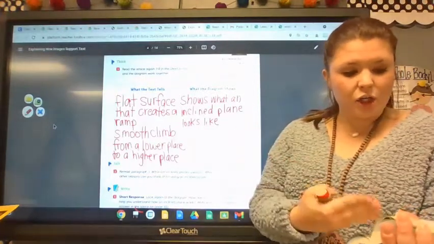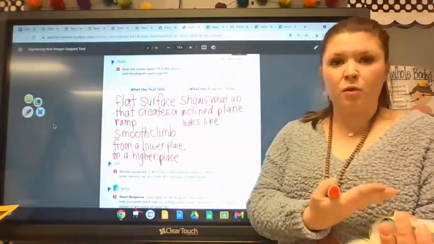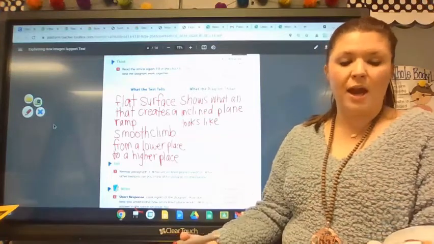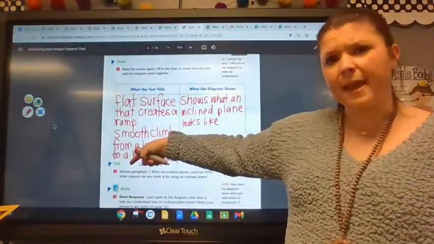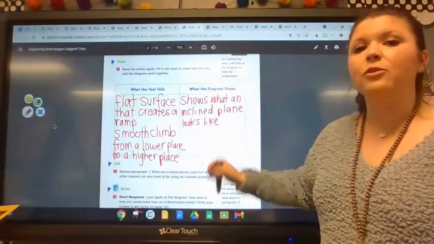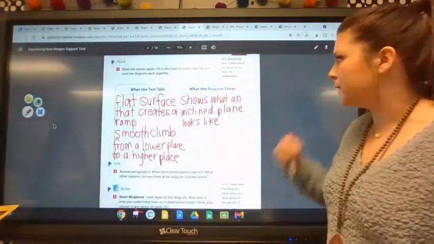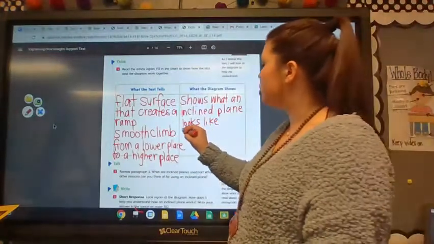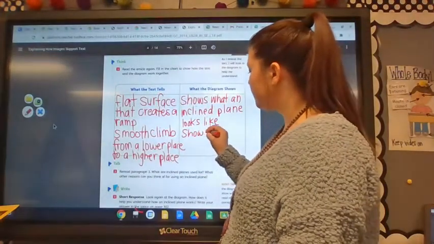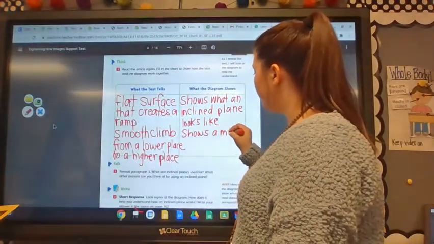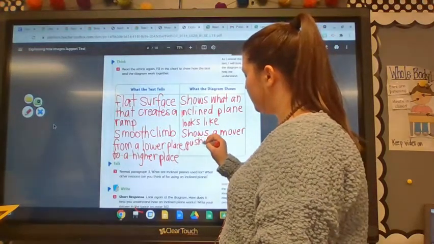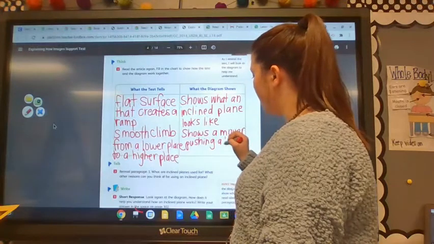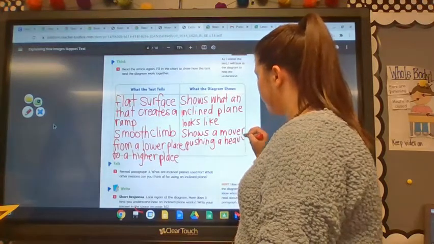This illustration is showing me how the mover can push a heavy object into the truck. The text told me that they could do that, but the diagram is showing me what that looks like. So the diagram shows a mover pushing a heavy object into a truck.